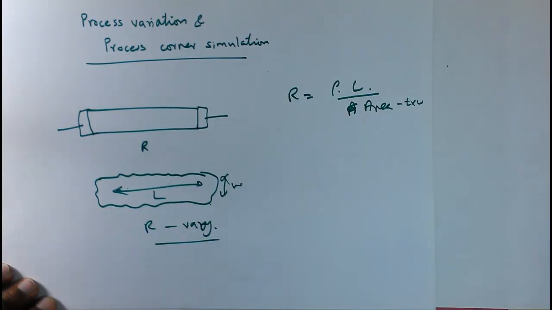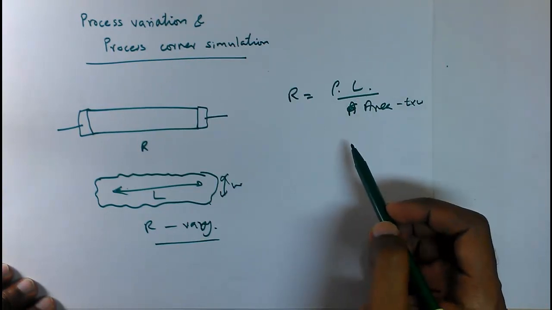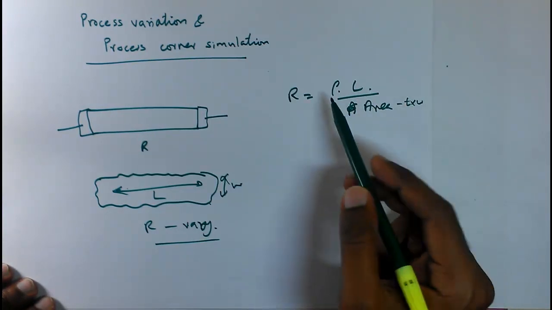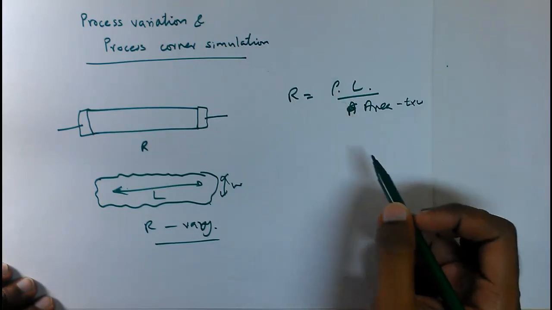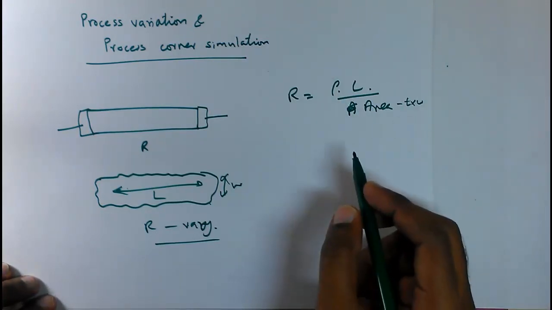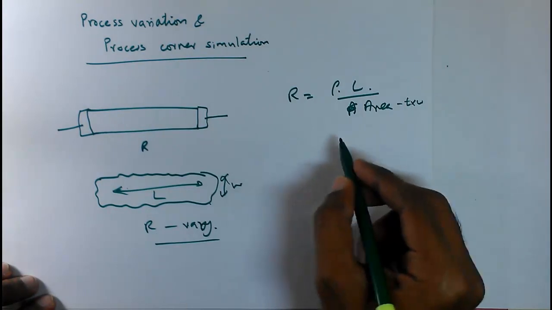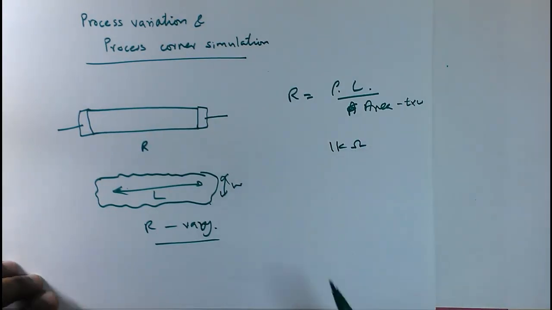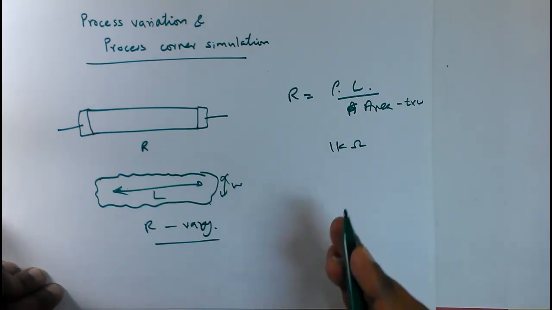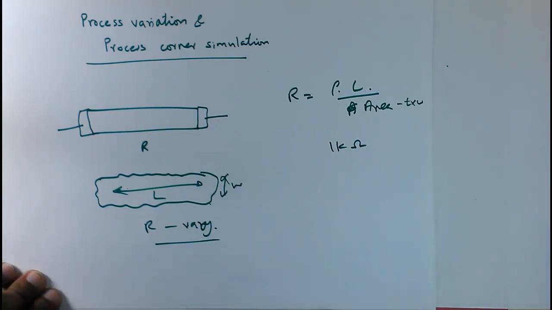So the length will vary, area also will vary, and according to the doping and other processes, the rho also can vary. So when I make a resistor of 1 kilo ohm in the layout or in the schematic, in the IC you cannot expect exactly 1 kilo ohm. So there will be variation in the resistance value.